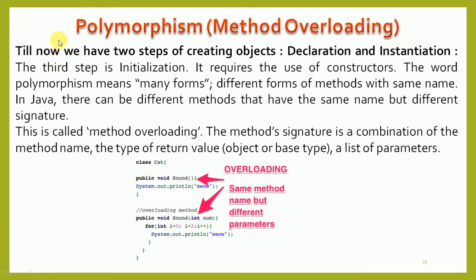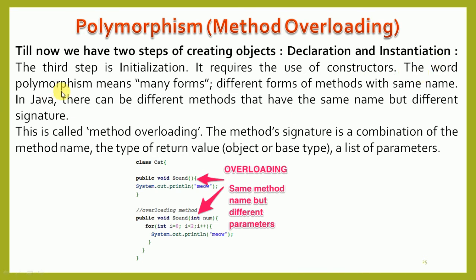Then polymorphism, or method overloading. Till now we have seen two steps of creating objects, the declaration and instantiation, and the third step is initialization, which requires the use of constructors.